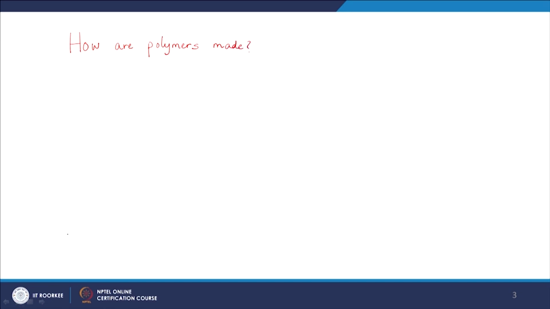So as I already told you, a polymer chain contains a repeating unit, and then we have a sequence of repeating units. And n is the number of repeating units.